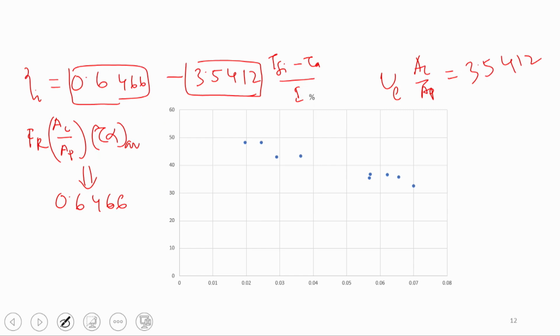So our new equation will be 0.7641 and 85.